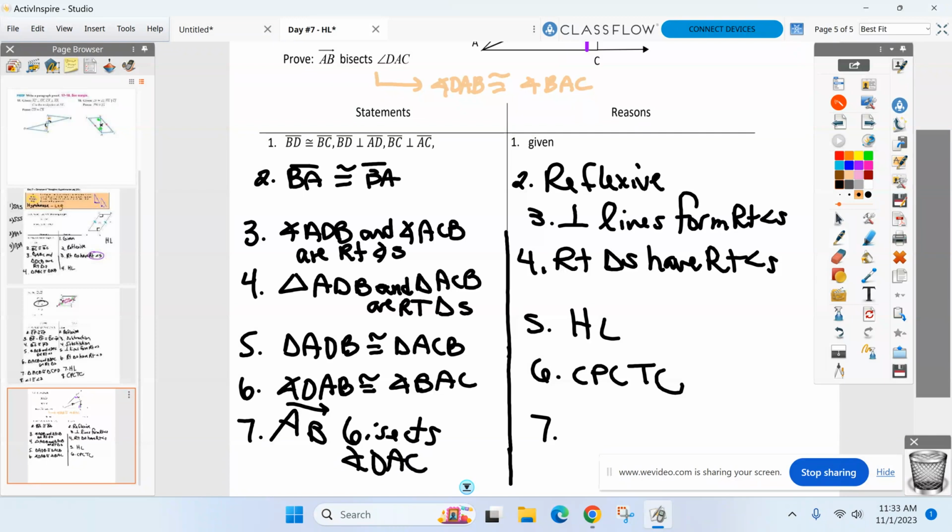I want to ask you guys, how do we know it bisects? What do you think? Reason? It's true. Why? Go ahead, Steve. What do you think? Because the bisector split the angle in half, and DAB and BAC are congruent.